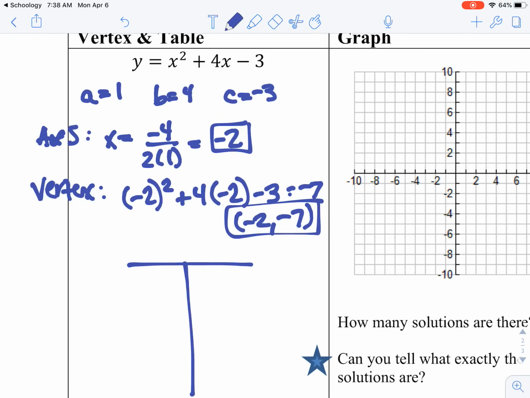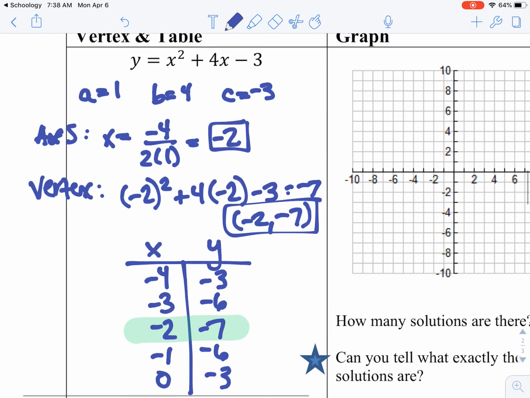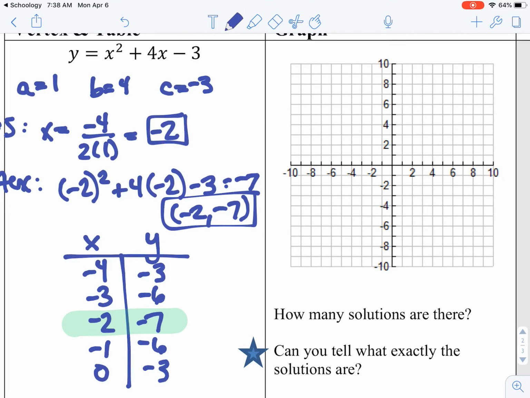We'll make our XY chart. Use our calculator to fill out our Y values. We'll graph those points.